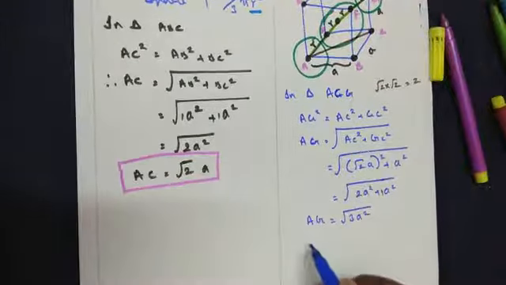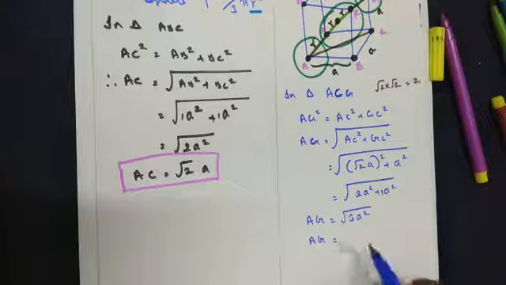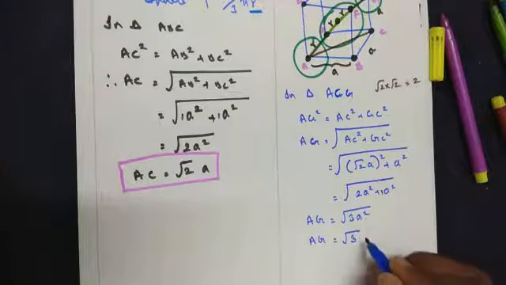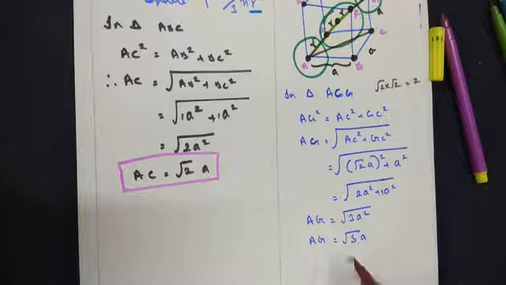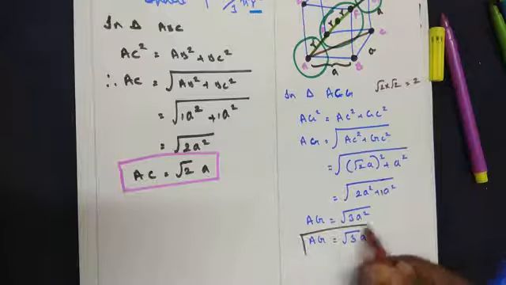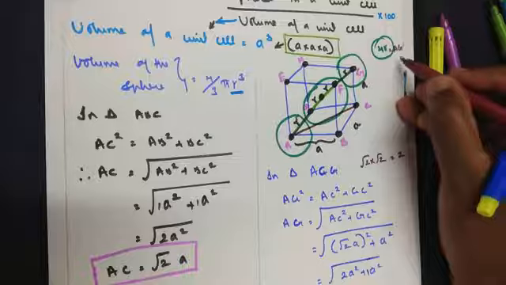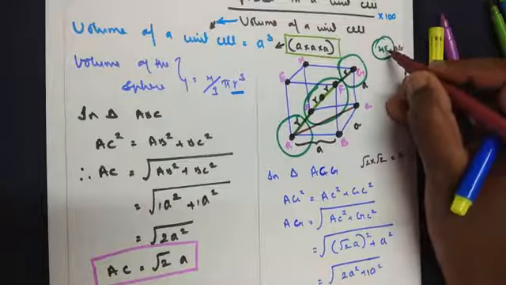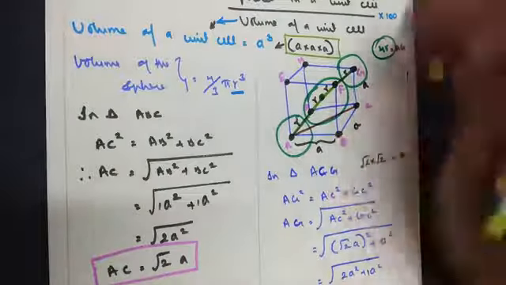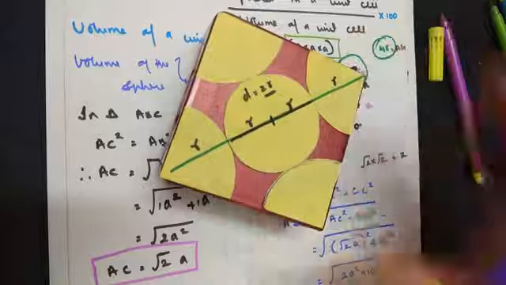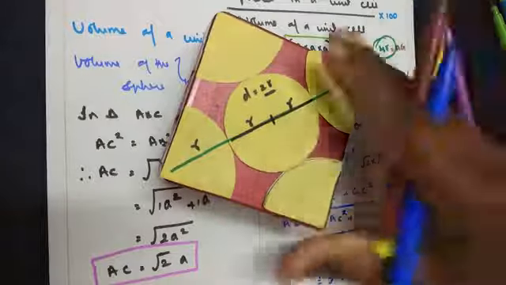It's a prime number, we'll leave it as it is here. AG is equal to square root of 3 times the square root of A square, which is A. So you have got the value AG is equal to square root 3 A. What did we find AG to be? AG is equal to 4R. How did we get the 4R? If you remember, look at this structure, you will know how we got the 4R.